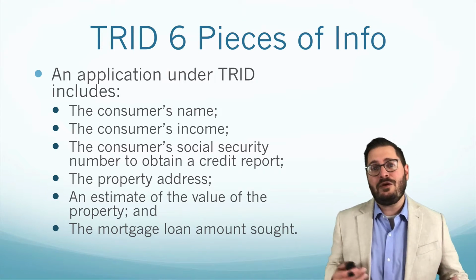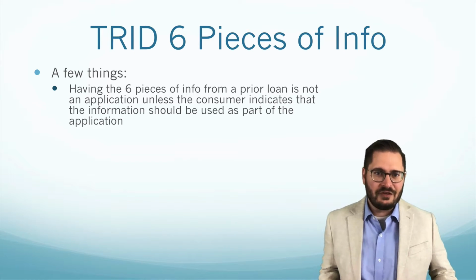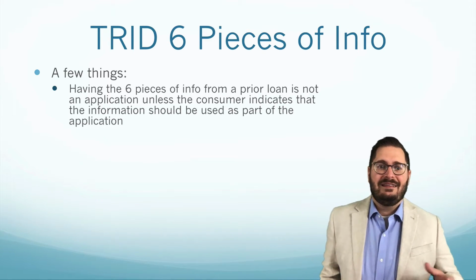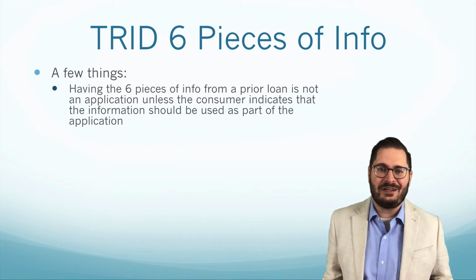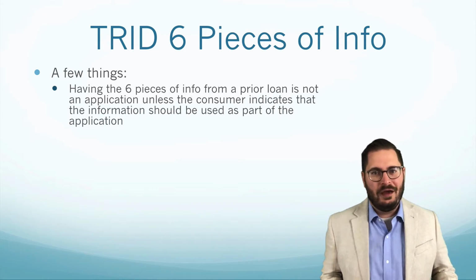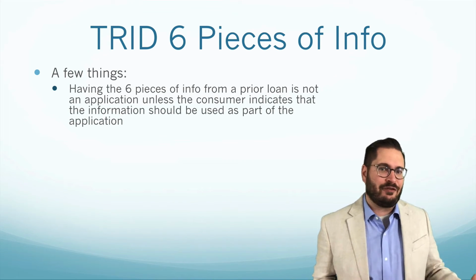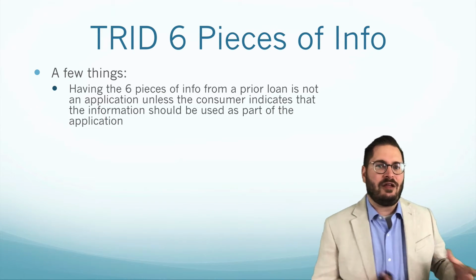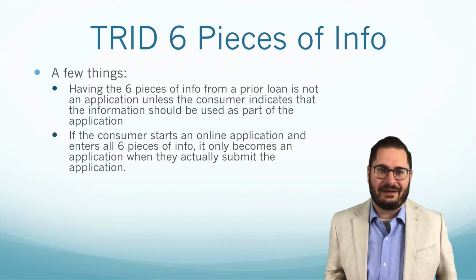Now, there's a few things that we can talk about to clarify this. So first of all, having the 6 pieces of information from a prior loan is not an application unless the consumer indicates the information should be used as part of their application. So if they say, oh, you have that on file, you can use it, then you would consider that information. But just because you had a prior loan doesn't mean that you have the 6 pieces of information from the applicant.